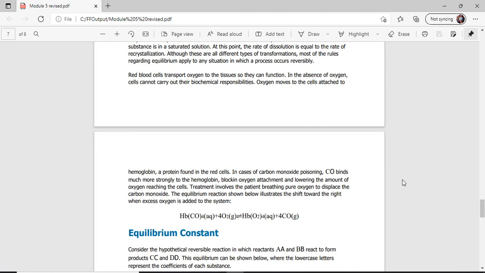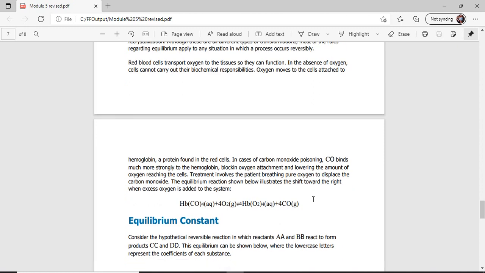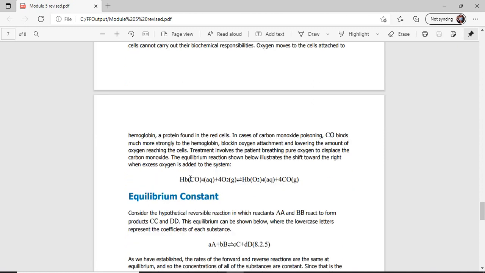Okay, the equilibrium reaction shown below illustrates that it shifts to the right when excess oxygen is added to your system. You have here your hemoglobin as HB, your CO for carbon monoxide, in an aqueous solution, being replaced by oxygen, a pure oxygen gas state.